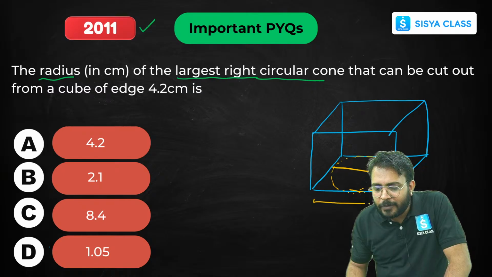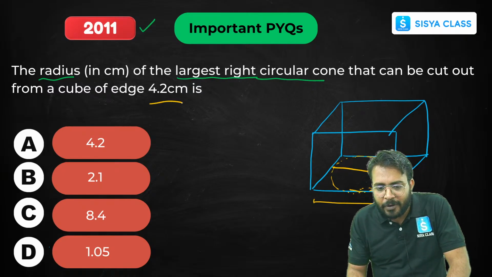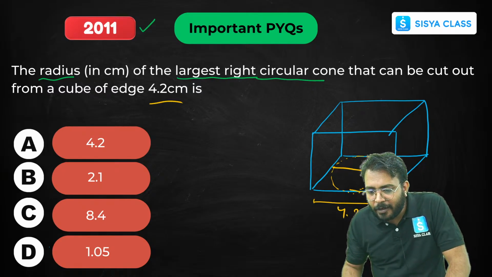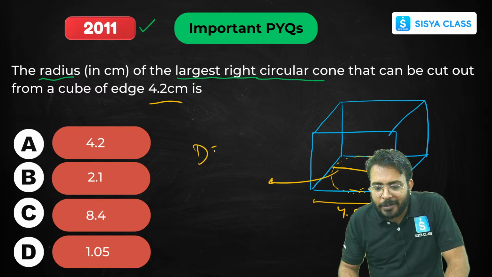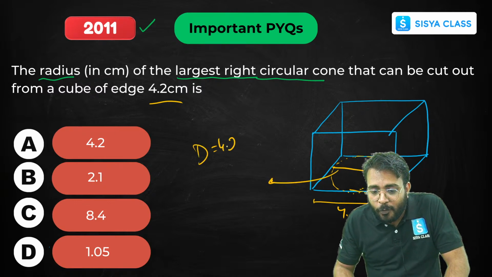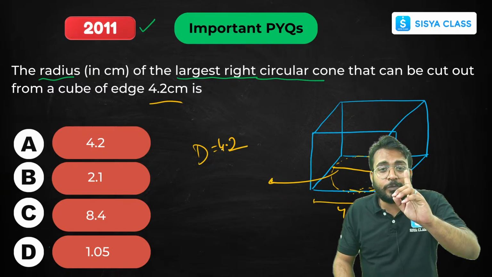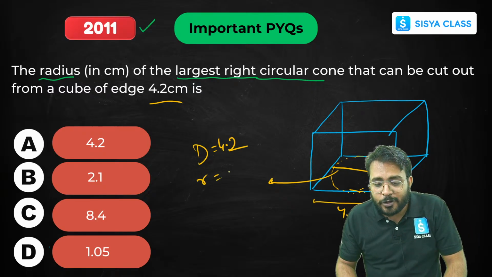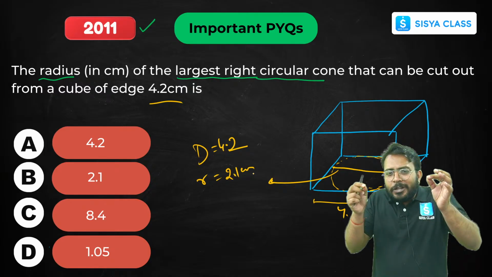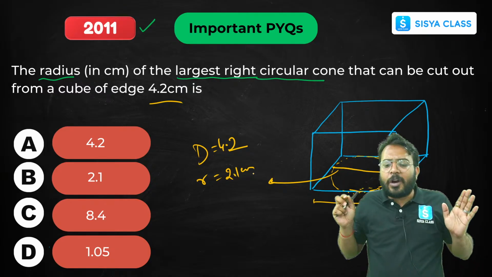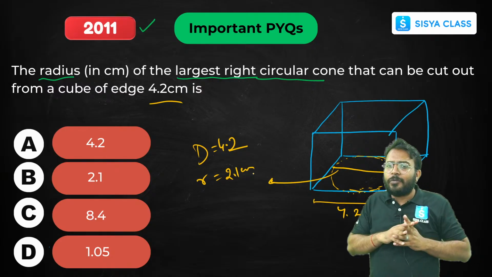The edge they have given as 4.2 centimeter, so the diameter also has to be 4.2 centimeter. If the diameter is 4.2 centimeter, then the radius has to be 2.1 centimeter, yes or no? So that cone which has radius 2.1 centimeter is going to be my largest cone.